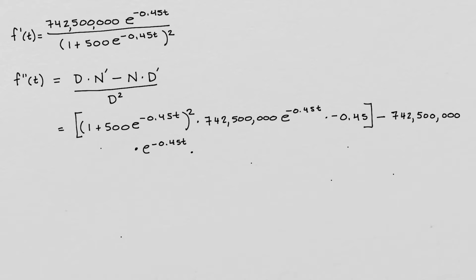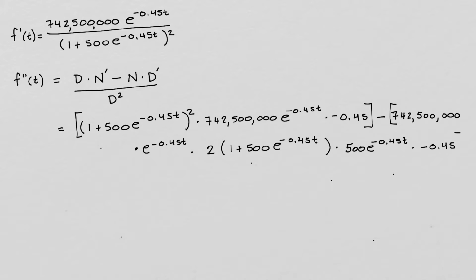and then we're going to multiply by the derivative of the denominator, and that's 2 times 1 plus 500 e to the negative 0.45t, and that's to the 1 power, times the derivative of the inside. Derivative of 1 is 0, so we have the derivative of 500 e to the negative 0.45t is going to be 500 e to the negative 0.45t times the derivative of the exponent, which is negative 0.45.